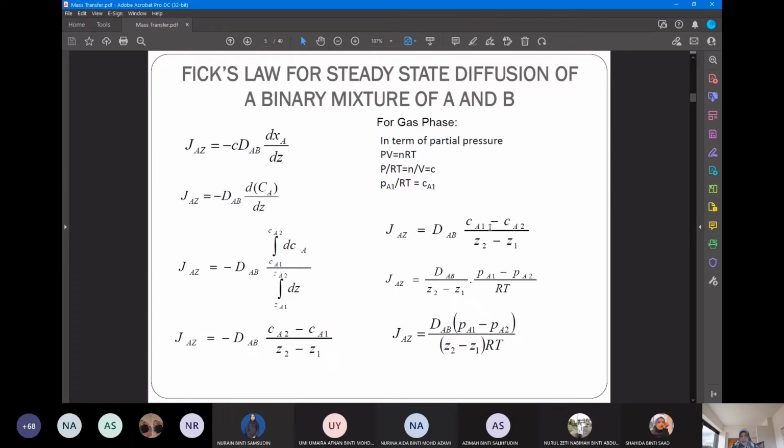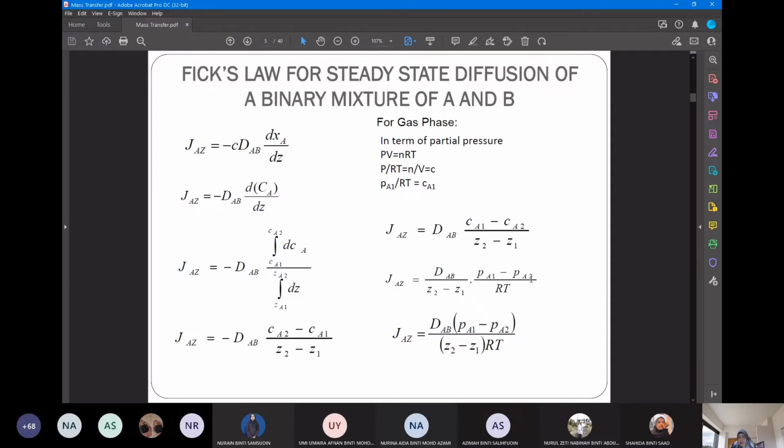But when you do that, the value of concentration is very small, because the concentration of gas always represents a small value. So what you can do is play around.